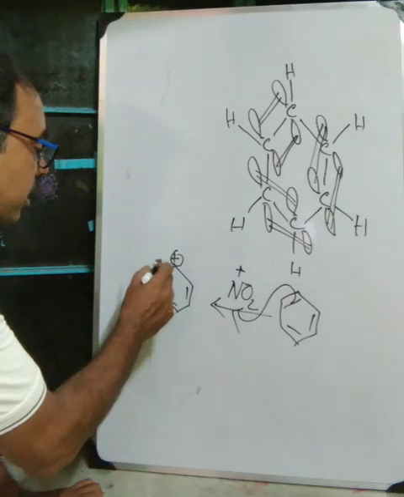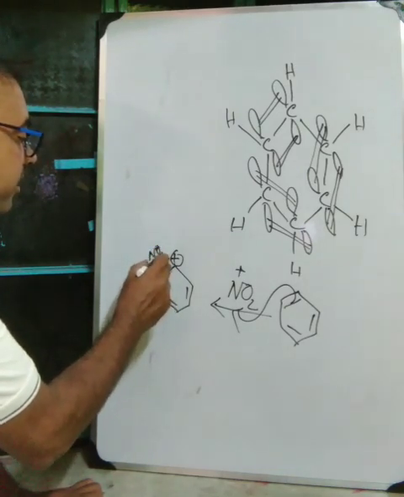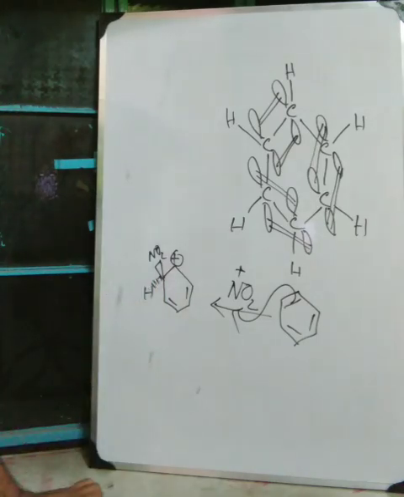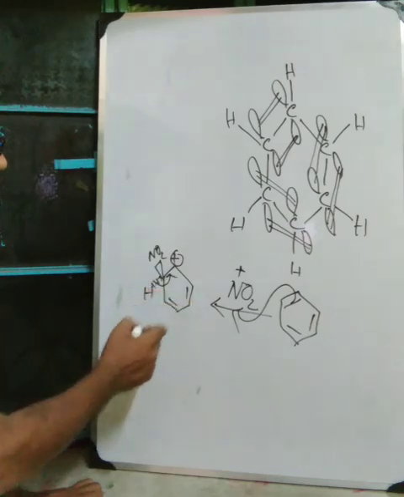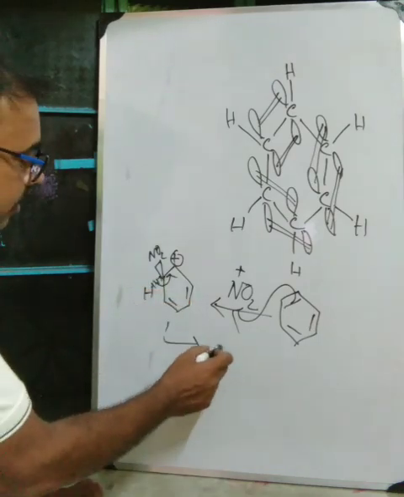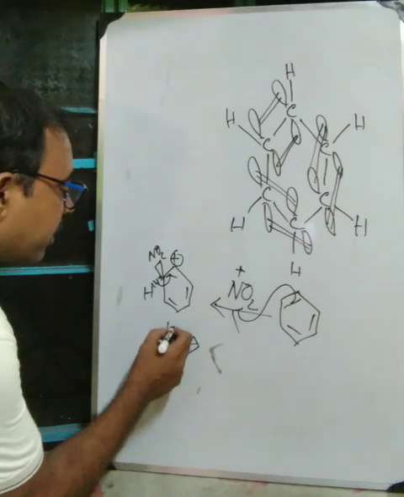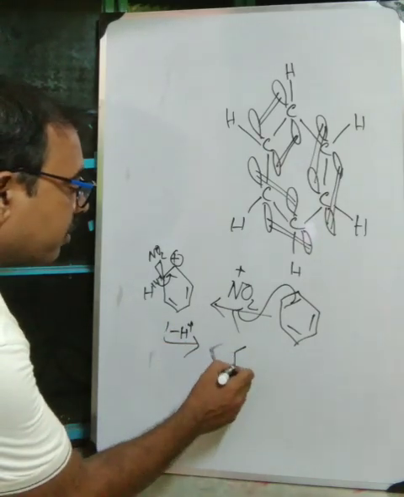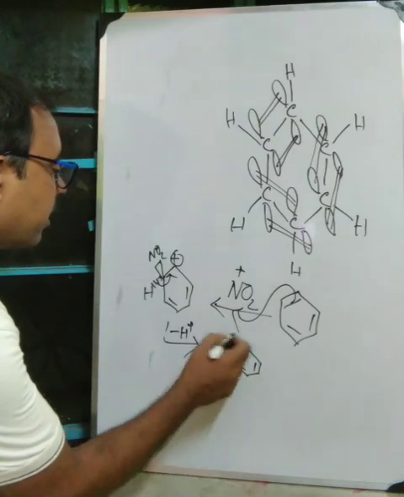So the electrophile NO2 plus will be above the plane and hydrogen below the plane. Then this bond breaks, a double bond forms, and hydrogen is eliminated as H plus by giving up its bond pair electrons.